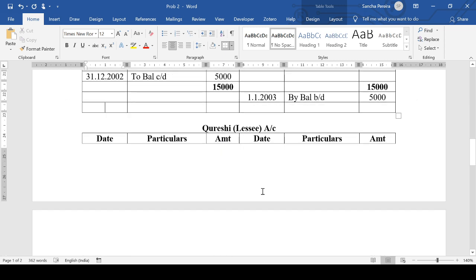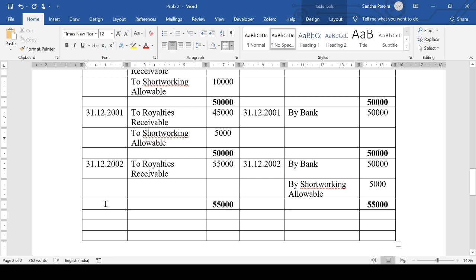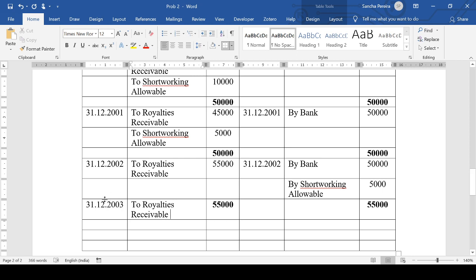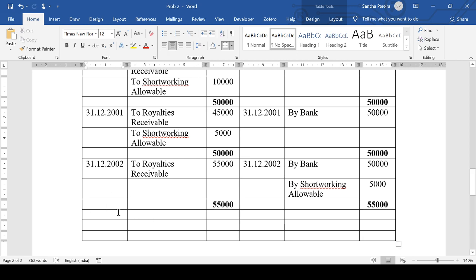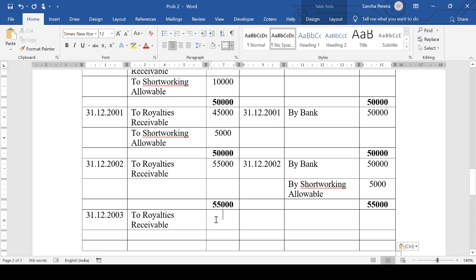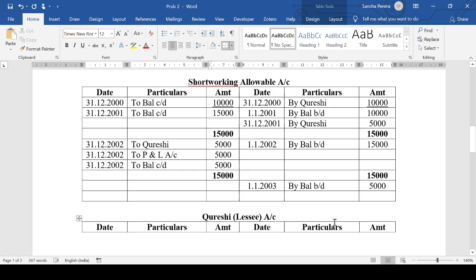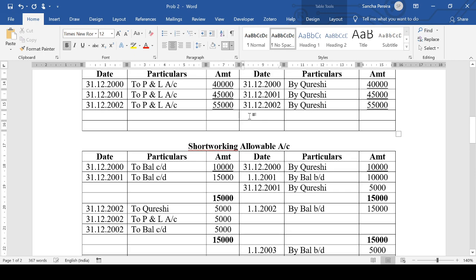So Qureshi account debit to royalties receivable account. 31st December 2003 to royalties receivable, it's 90,000. So here you say by Qureshi 90,000.